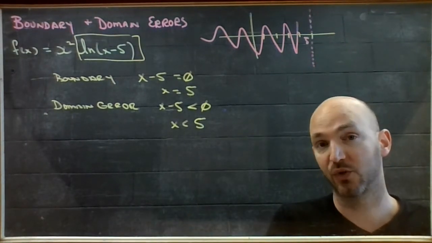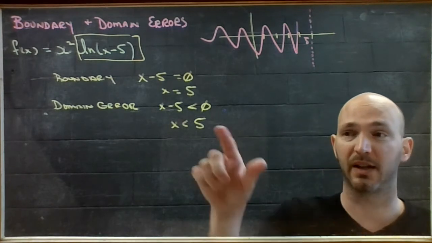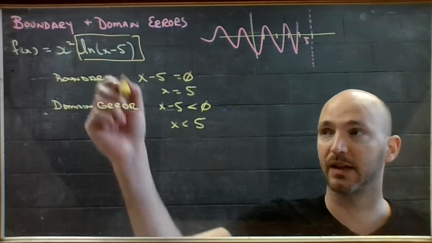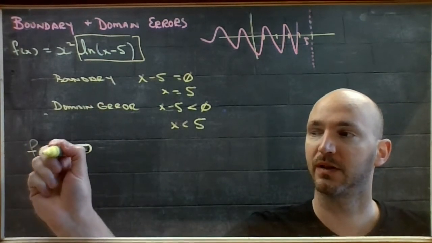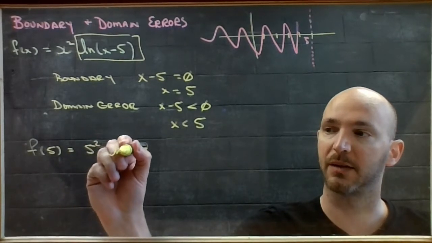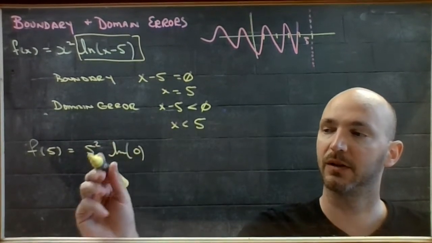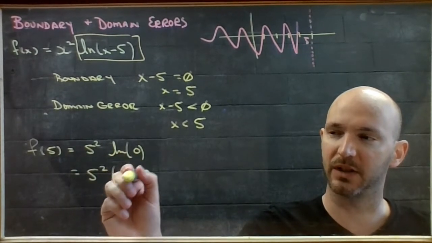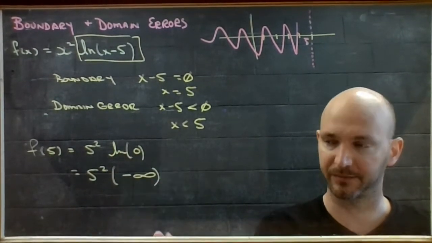In order to make sure it's an asymptote, you should always try and put the 5 back in there and see what you get. So in that case, you'd have f of 5 equals 5 squared times the ln of 0. Ln of 0 doesn't really have a value, but it approaches negative infinity.